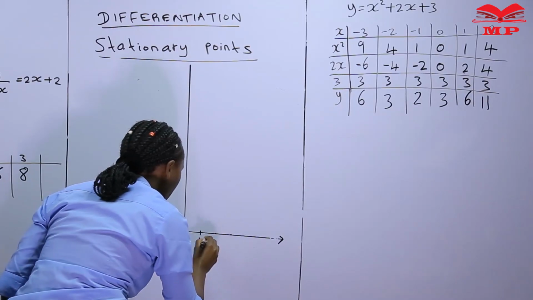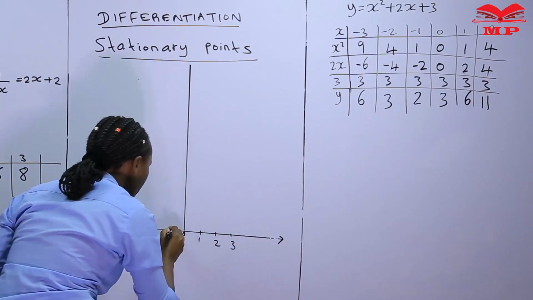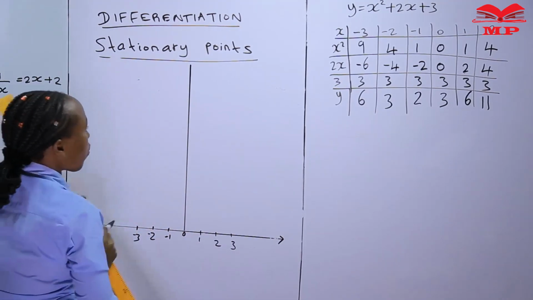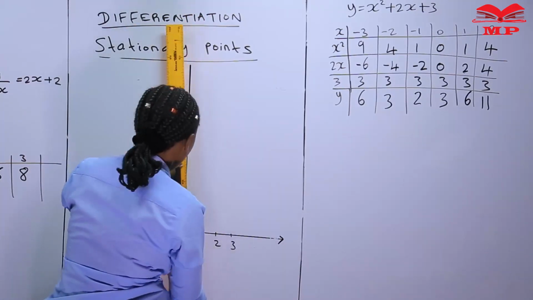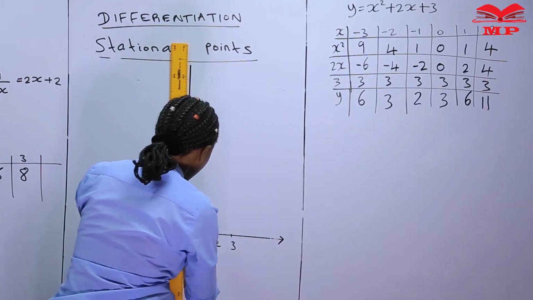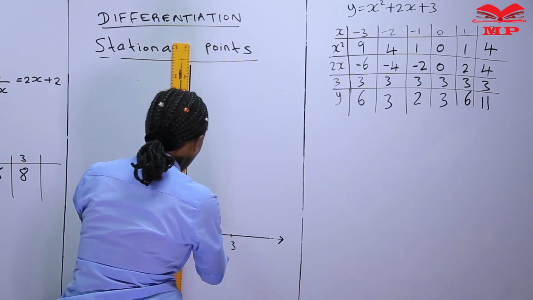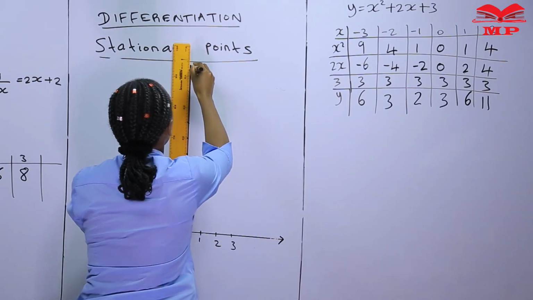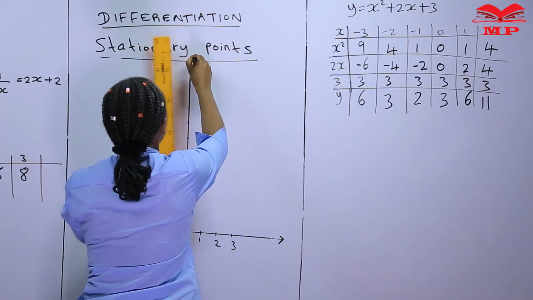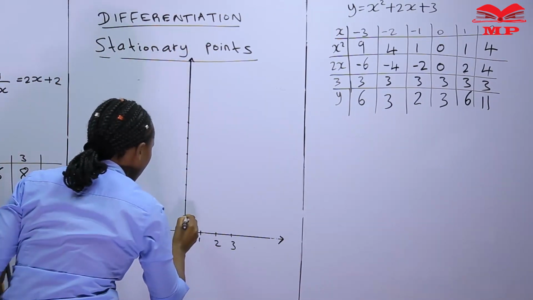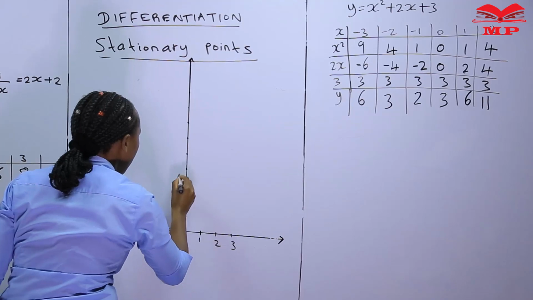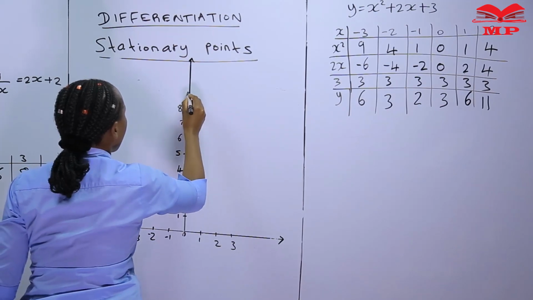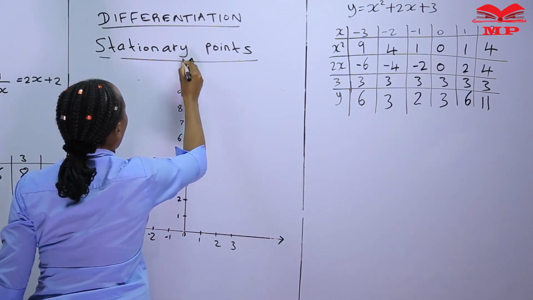We have 0 here, 1, 2, 3, and we have -1, -2, -3. Then on the y-axis we start from 0 up to 11, so we have 1, 2, 3, 4, 5, 6, 7, 8, 9, 10, up to 11.